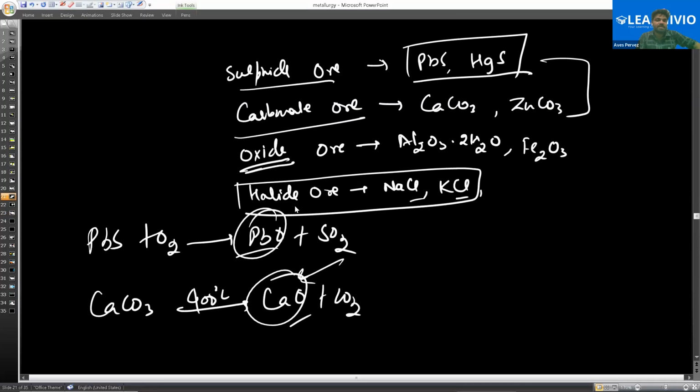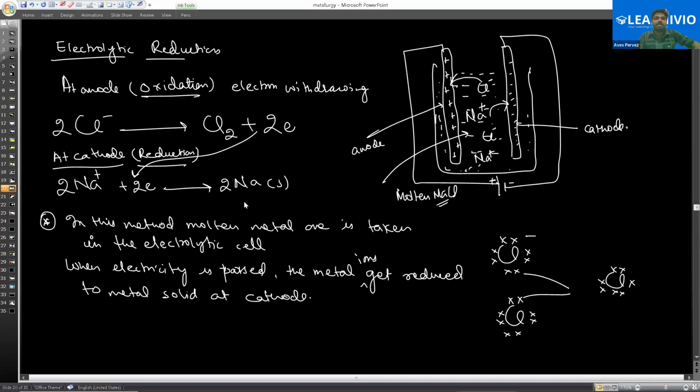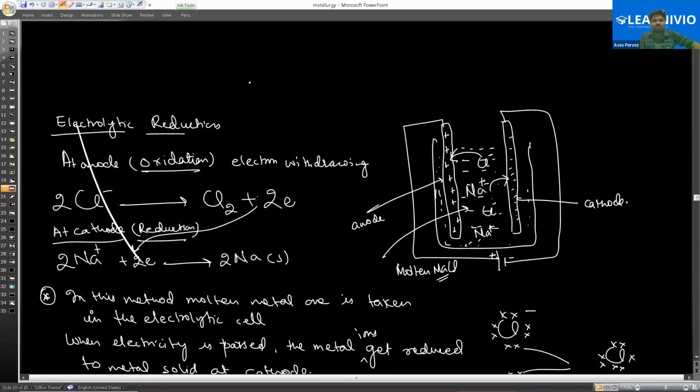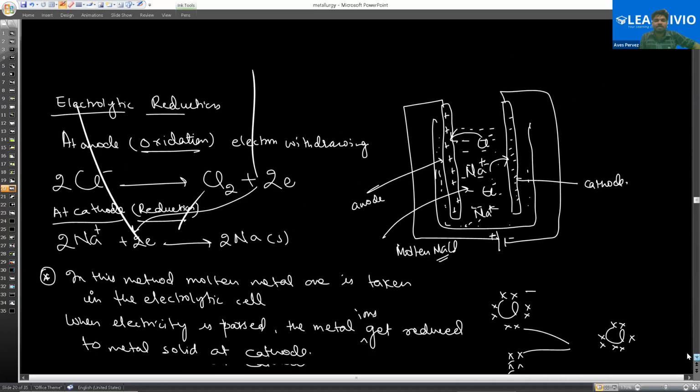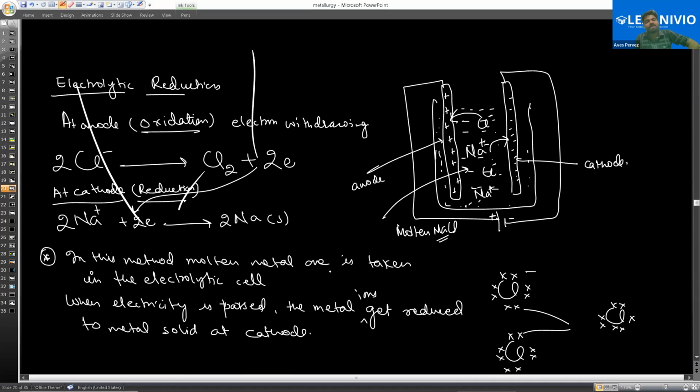Okay. So what we do here is, in this method, we don't write this one. In this method, molten NaCl is taken in the electrolytic cell. And when electricity is passed, the metal ions get reduced.